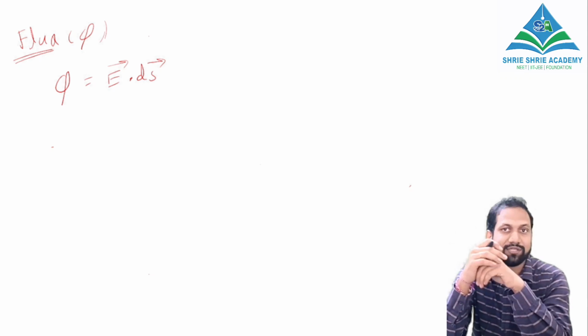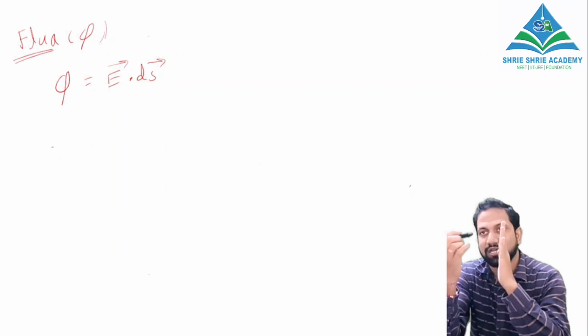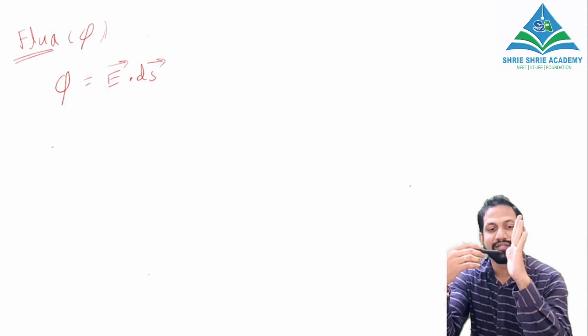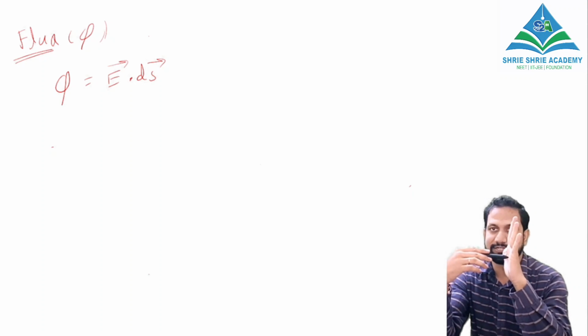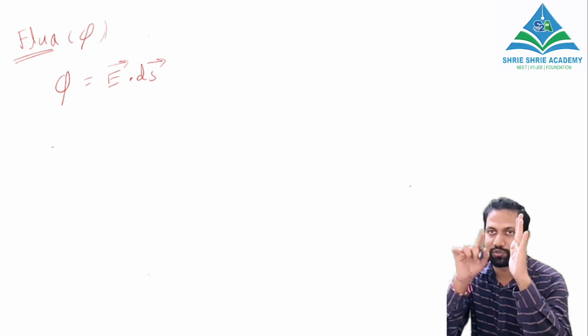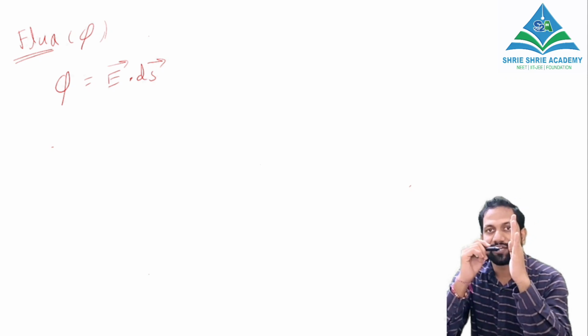For example, if this palm is the surface you are considering, and the tip of this pen is the electric field direction I am taking, then this is a case when they are perpendicular. Remember, in case of a field and area being perpendicular, the angle you should take is 0, because for the surface you will consider the angle from the normal drawn to the surface.